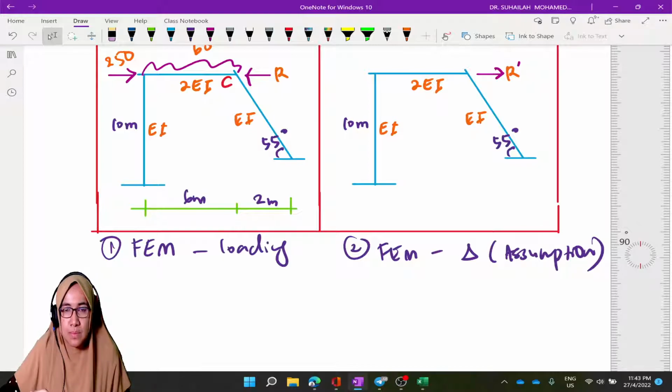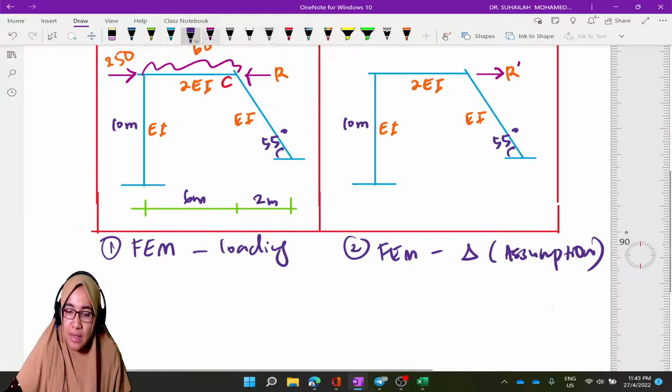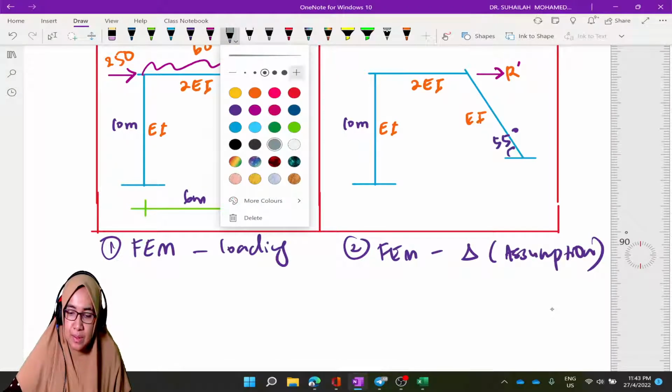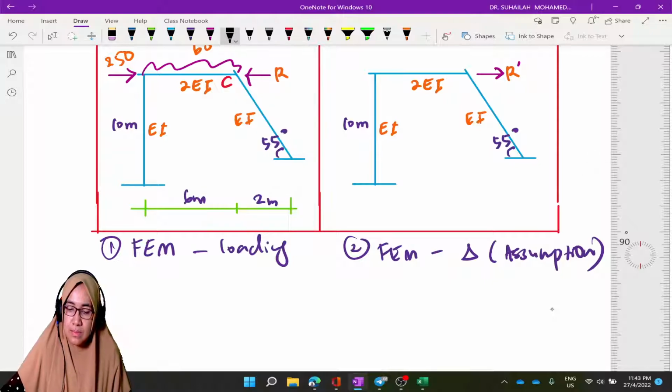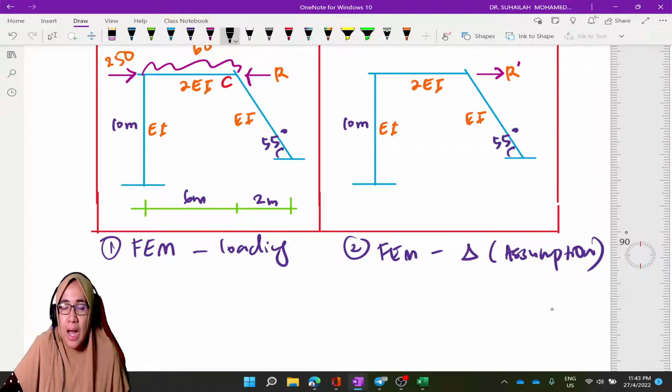So we have to calculate FEM for both. How to calculate FEM for table number 1? Table number 1, FEM comes from member BC only.